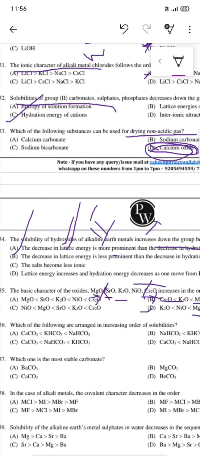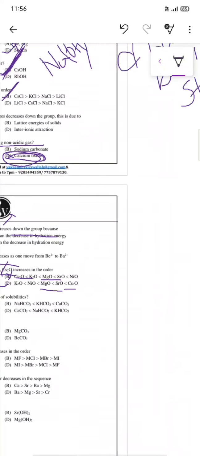Okay, Li, Na, K, Rb, Cs. I have to write this.